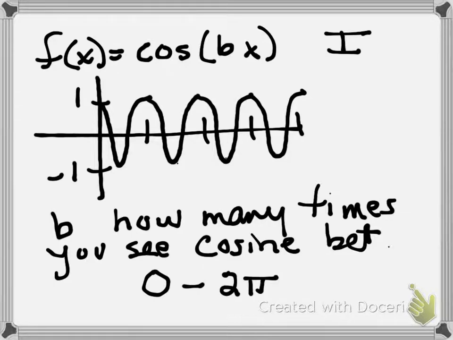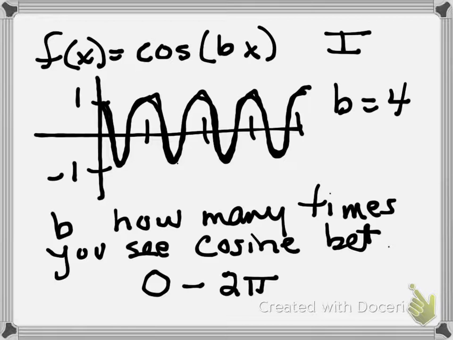That's what B is telling you. How many times do you see cosine repeated? How many times do you see it? 4. So B is equal to 4 because you see 1, 2, 3, 4.